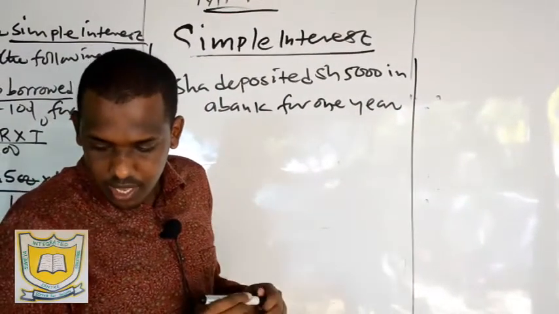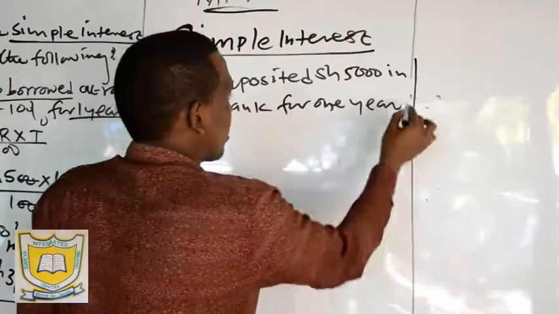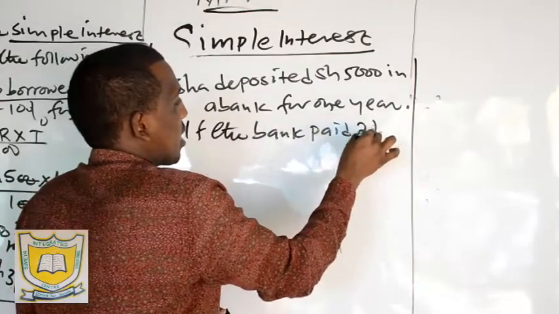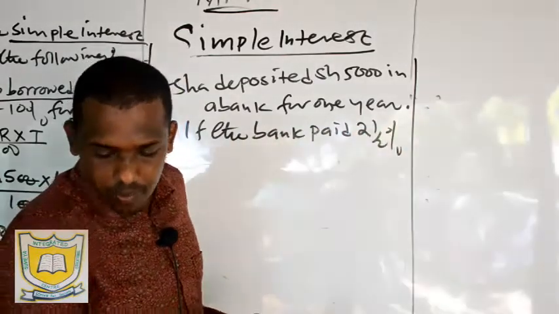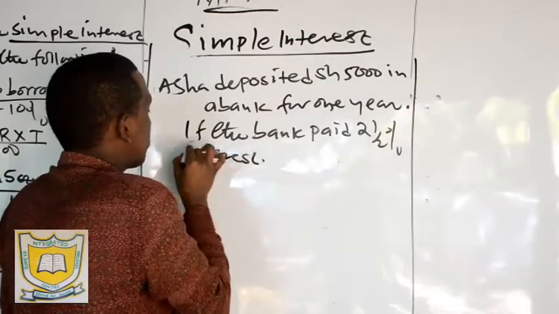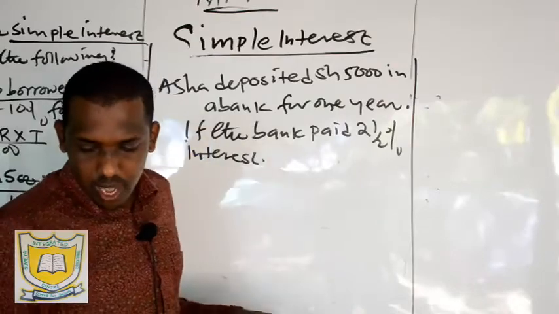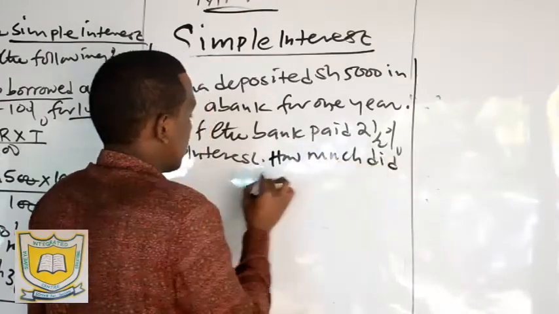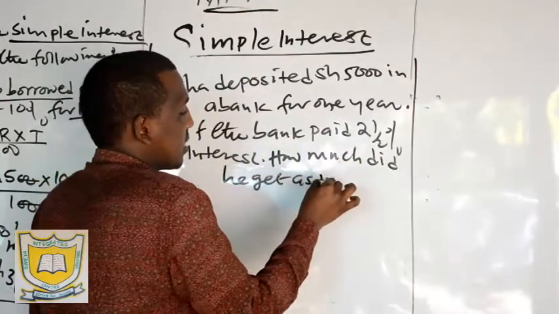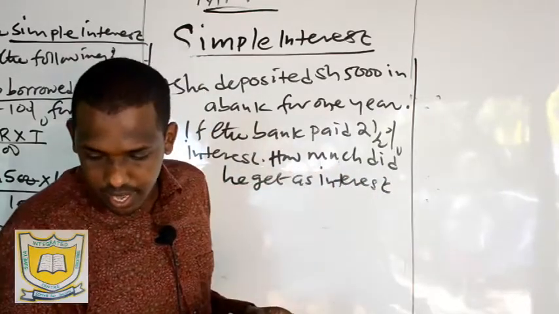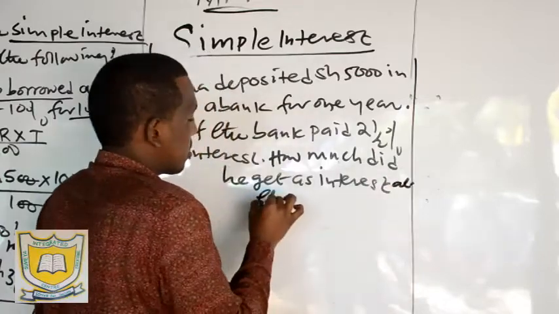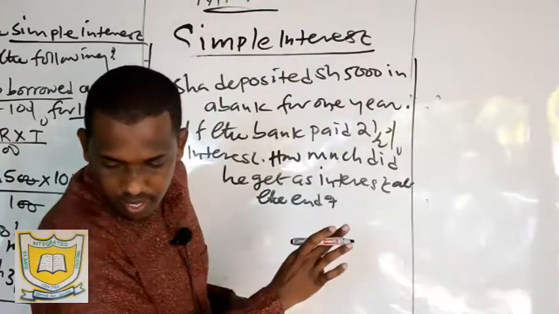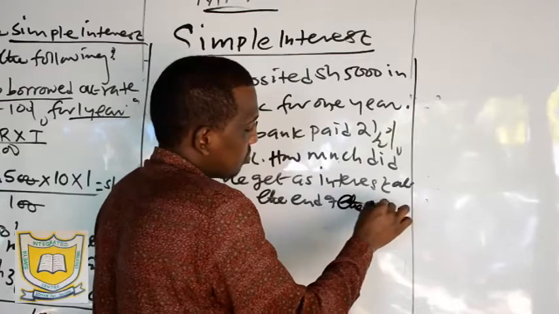Then they say, if the bank paid 2.5% interest, how much did she get as interest at the end of the year?